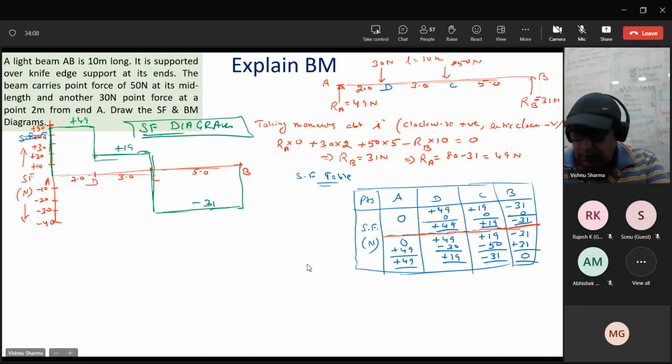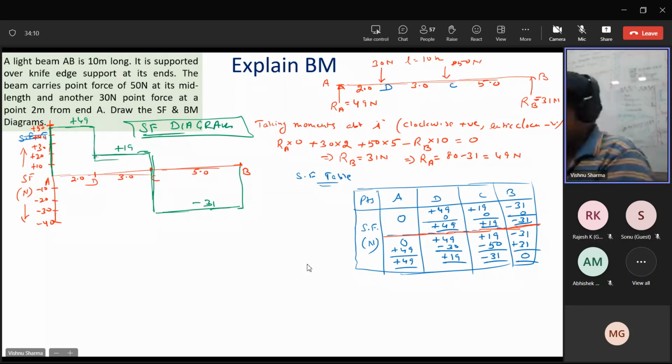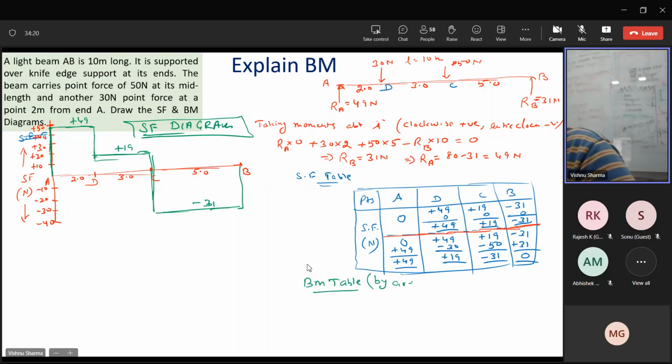Yes, sir. Okay. So in this case now, I will make the BM table, and I will write here: by areas under SF diagram. I'm telling you how I'm calculating the BM.